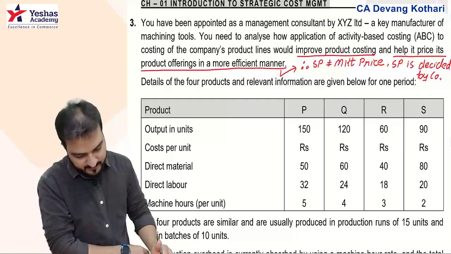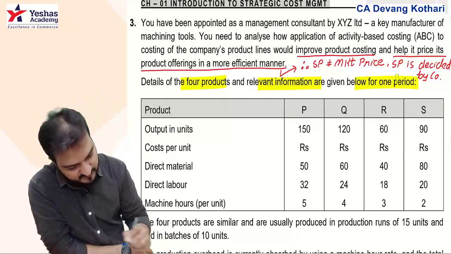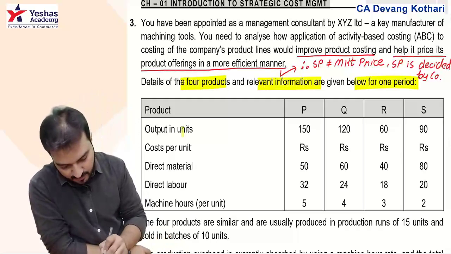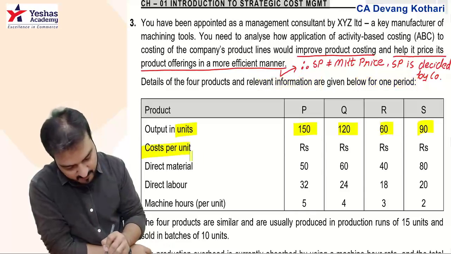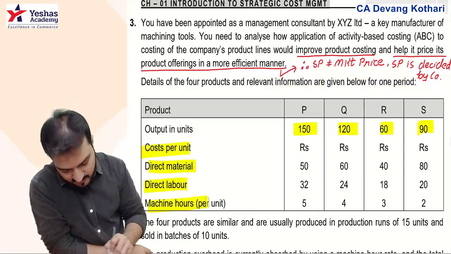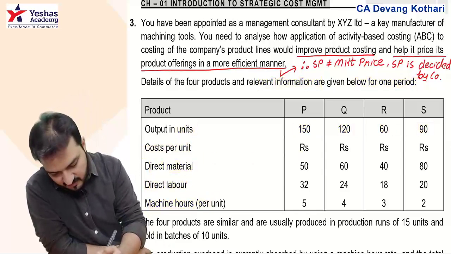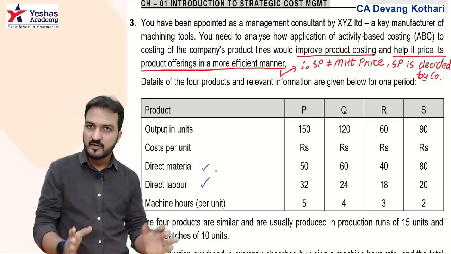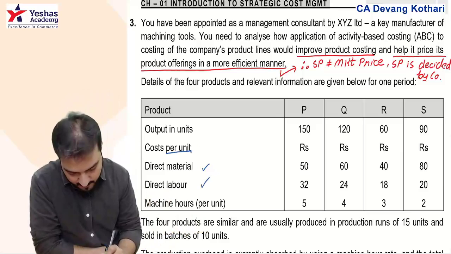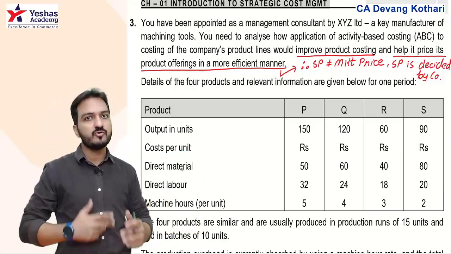You're given details of 4 products and the relevant information for one period is as follows. You're given output units of product P, Q, R, S. You're given cost per unit, direct material, direct labor and machine hours. So you notice again that direct material, direct labor per unit is already given, but overheads you will not be given. You need to find.